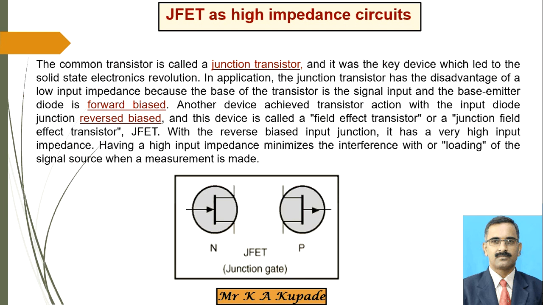By considering that bias circuitry and divider circuitry, we can increase the input side impedance as per the required amplification. And for that, this JFET is very useful, because it initially has high impedance at the input side, which minimizes the interference with the other signal source, or the loading effect on that particular signal source when the actual measurement is made. This is the main concept.